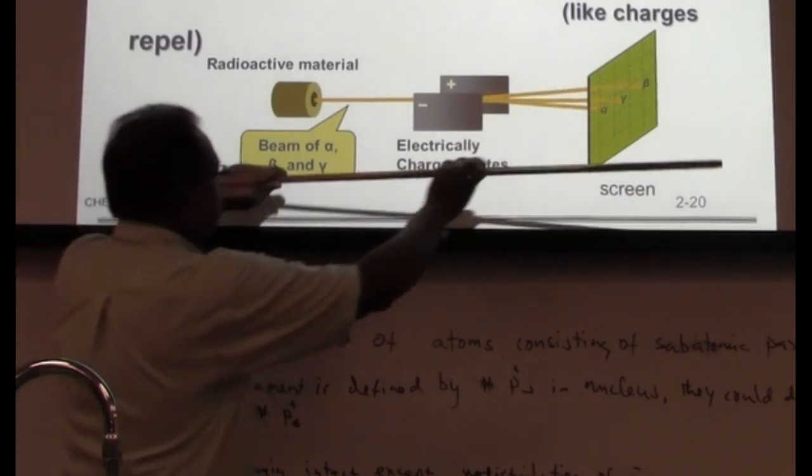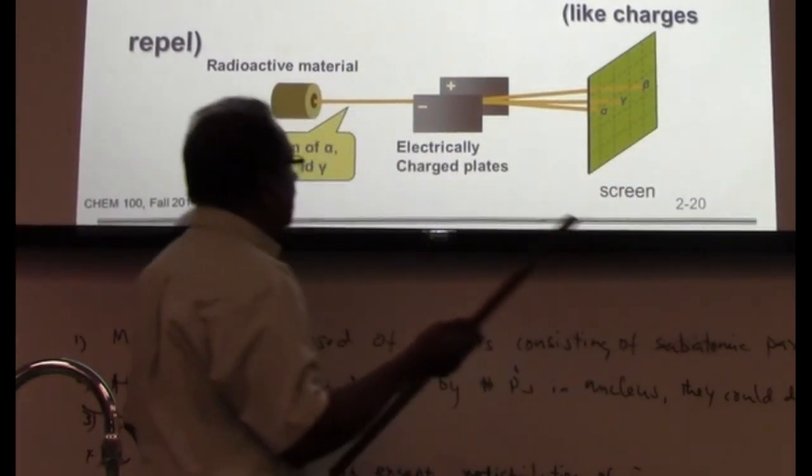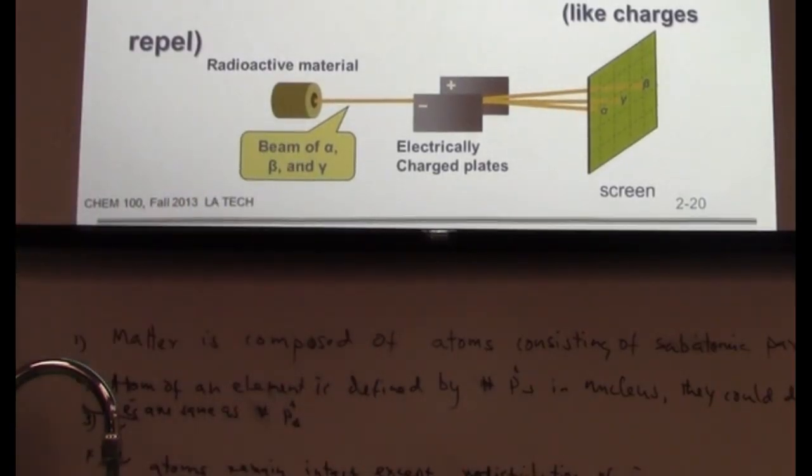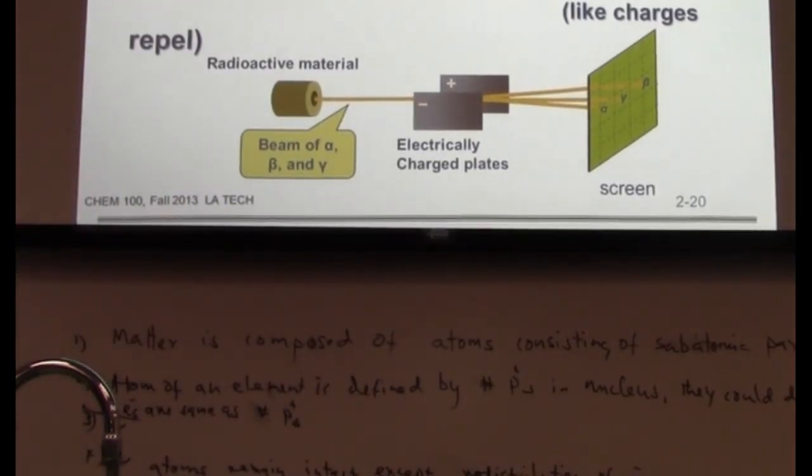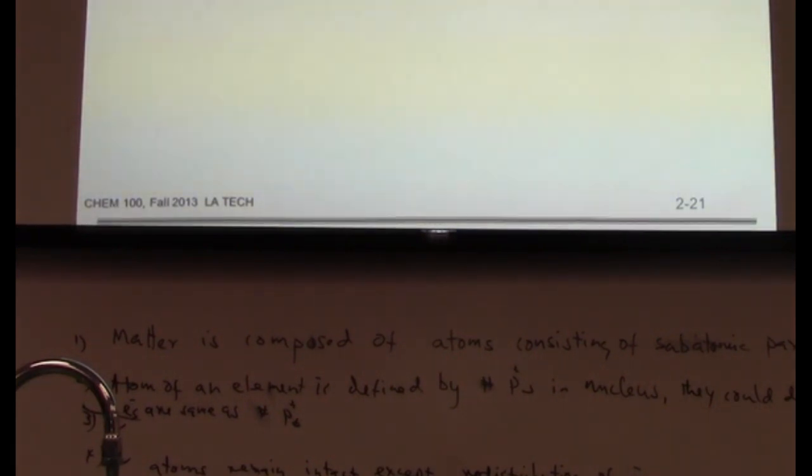And gamma just passes through without being affected, right? So that's how you identify what these forms of radiation are. Okay, answer to B is this, answer to A is this, alpha, right? You don't write that one.